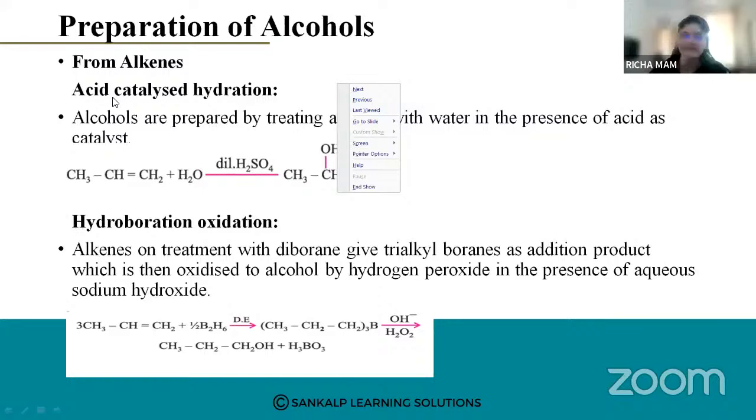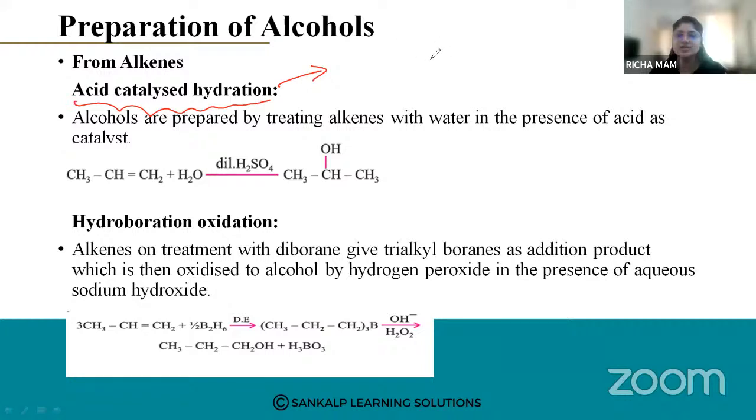So the first is from alkenes. The first method is you can prepare alcohols from alkenes, which undergo acid catalyzed hydration. What is the meaning of acid catalyzed hydration?